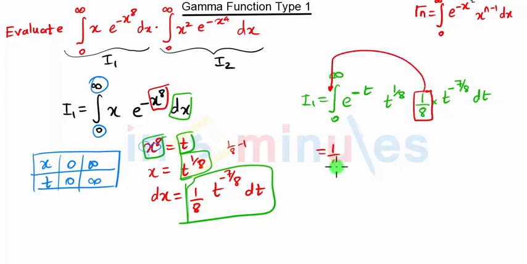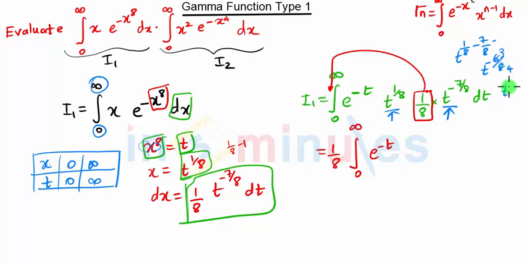So we get 1 by 8 integration of 0 to infinity e raised to minus t. And we can combine this t term together. So it is nothing but t raised to 1 by 8 minus 7 by 8, which is t raised to minus 6 by 8. So 2 3s are 6, 2 4s are 8, it is nothing but t raised to minus 3 by 4. So these two terms after combining become t raised to minus 3 by 4 into this dt.